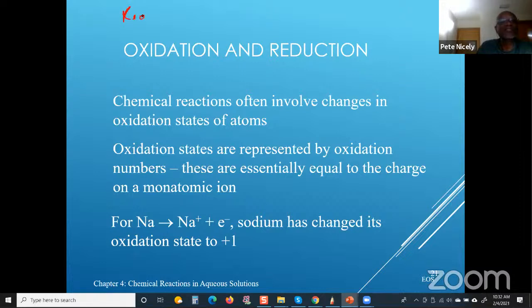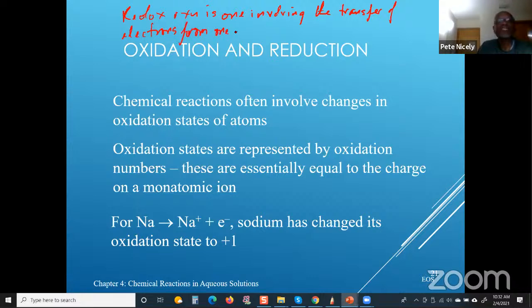A redox reaction is one involving the transfer of electrons from one atom to another.